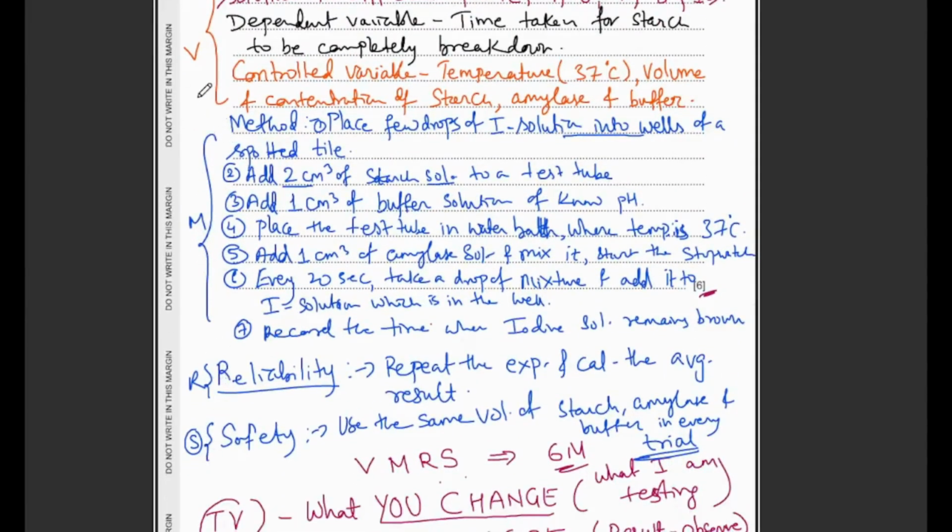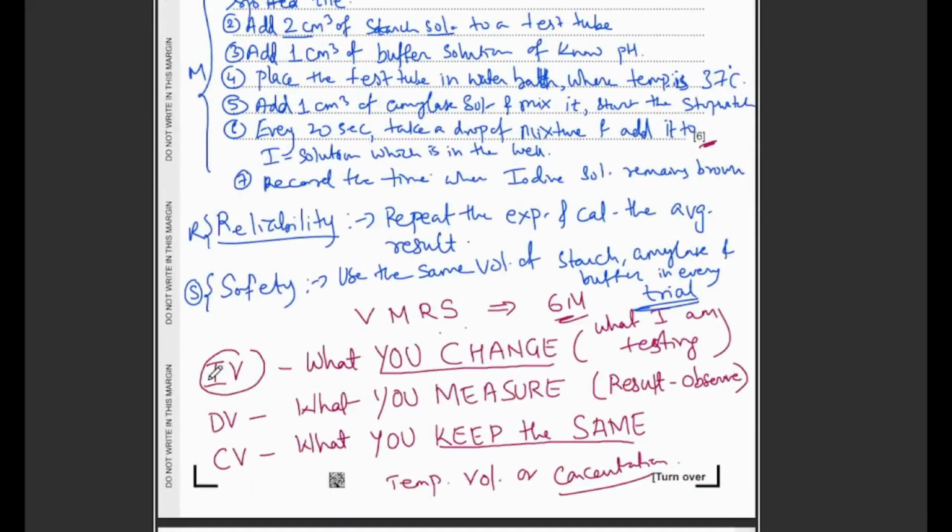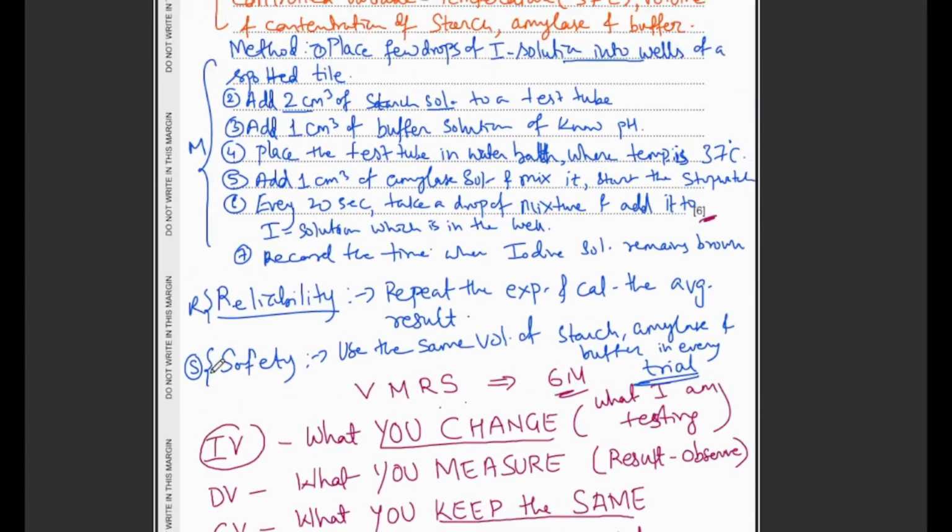VMRS: variables, method, reliability and safety. Remember the virgin male are smart. Okay, that is one of the simple ways to remember this part. Or even there is one more thing that is there here. What we have seen, we've seen the starch, buffer, time, amylase, the drop test, iodine there, and the reliability.